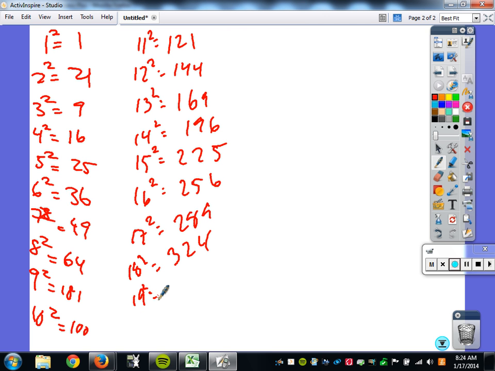I want to say it's 381. No, 361. That's the one I struggle with. And then 20 squared is 400. Those are the ones I expect you to know for your squares.